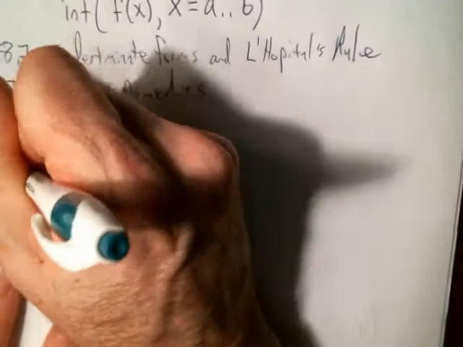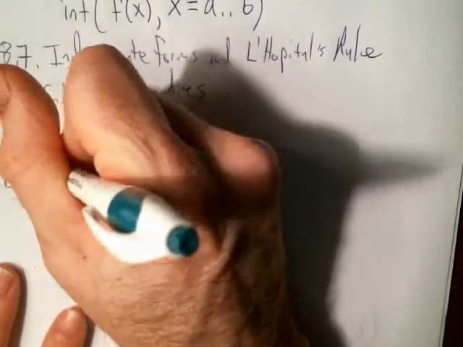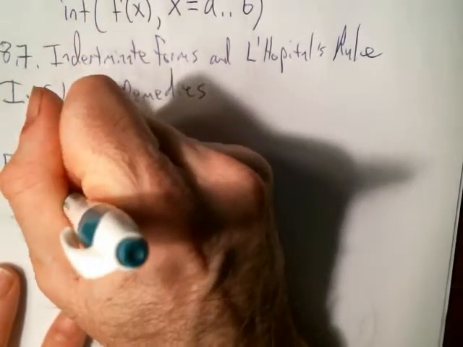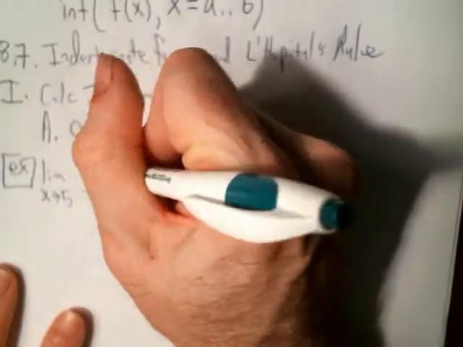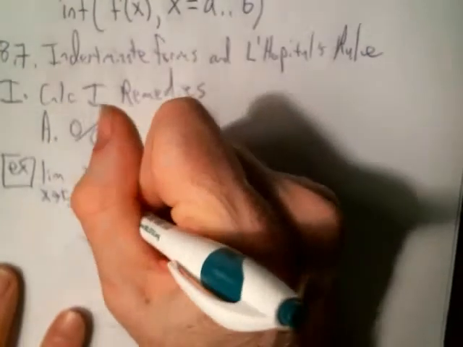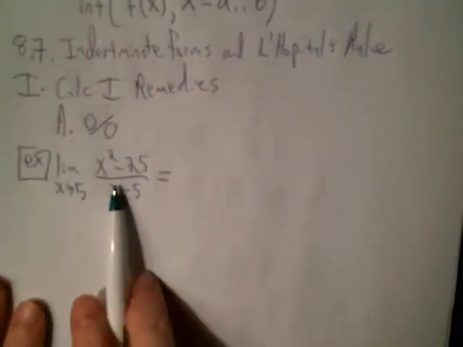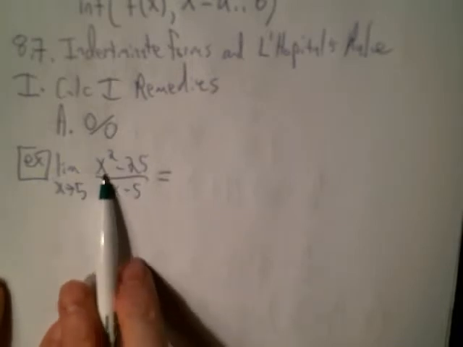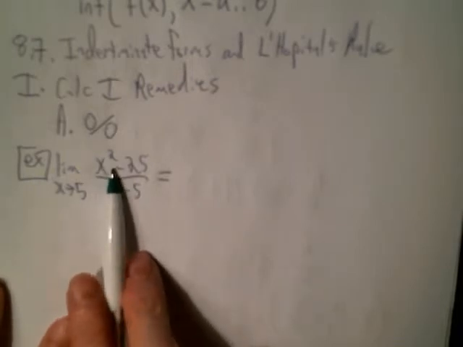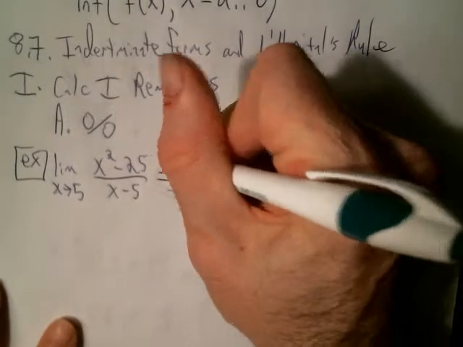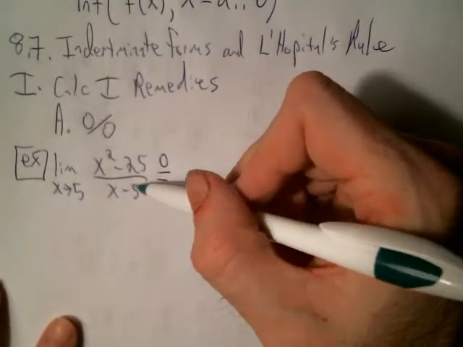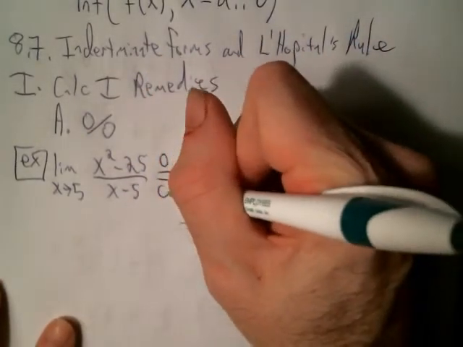For example, we had the limit as x goes to 5 of x squared minus 25 all over x minus 5. If you try to do a substitution and you plug 5 in here, you get 5 squared is 25 minus 25, which is 0 in the numerator. Down below, 5 minus 5 is 0, so you got a 0 down there as well.